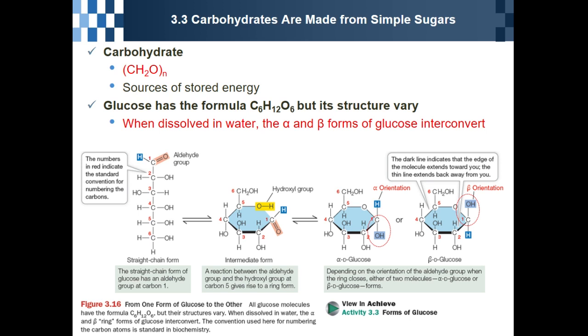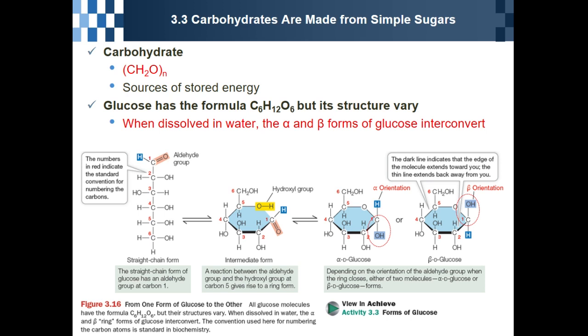Ring structure is like this. But they are composed of alpha orientation and beta orientation. Based on this carbon, the first carbon, first, second, third, fourth, fifth, sixth carbon. Based on the first carbon, if the OH group goes downward, we call it alpha orientation.